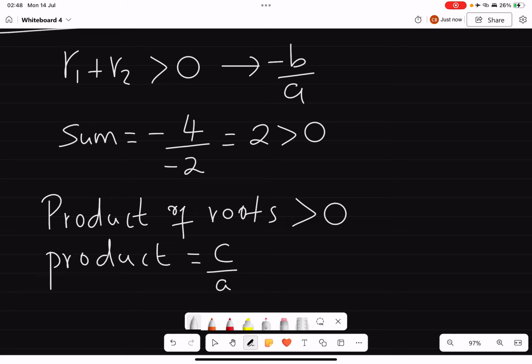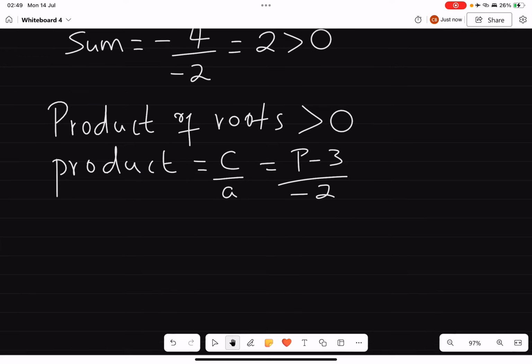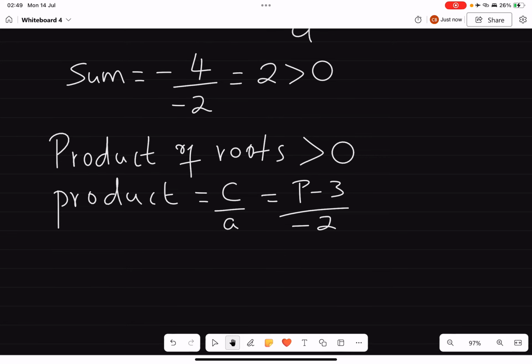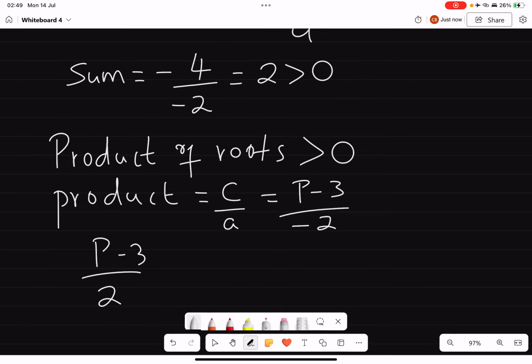The sum is negative b over a. The product is c over a. And we said our c was p minus 3 over negative 2, which is our a, right? And if you check here, we want this product, which is (p minus 3) over negative 2, to be bigger than 0, so that we can have two positive roots.